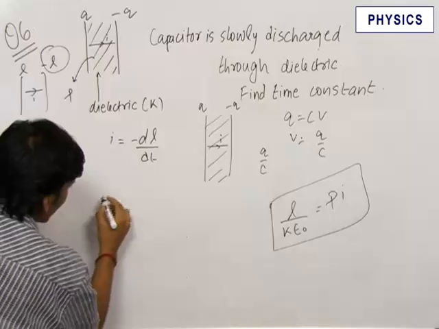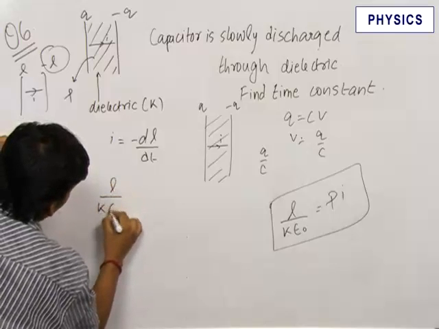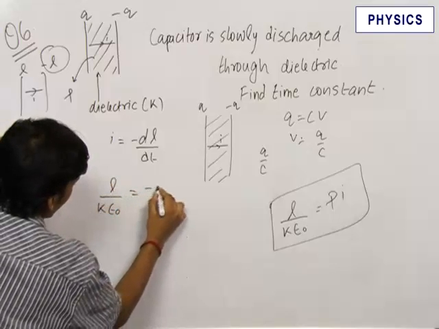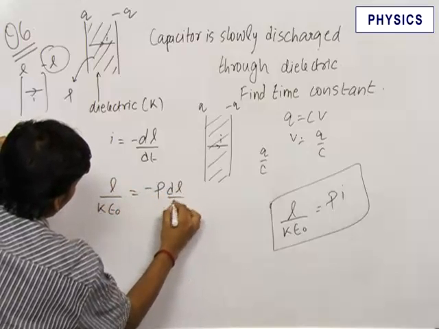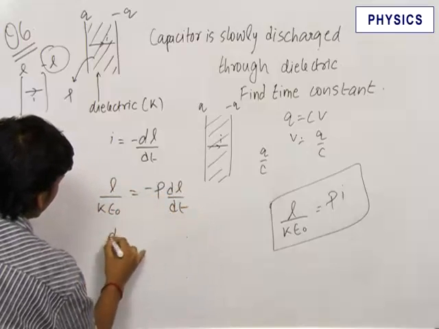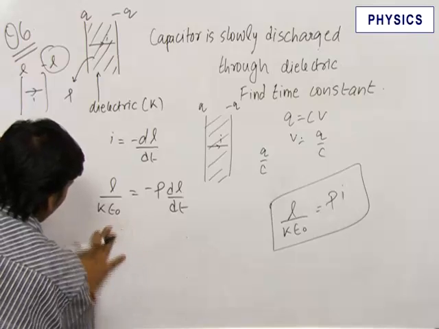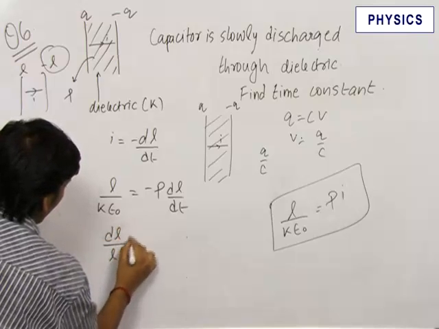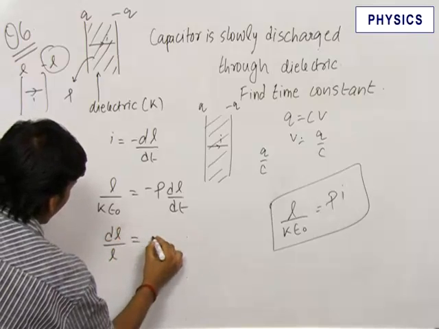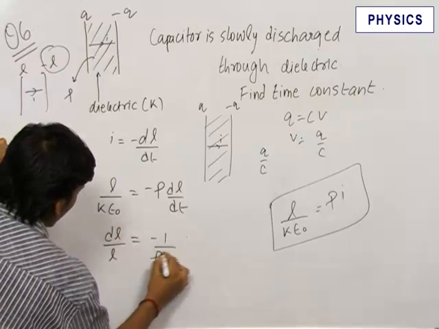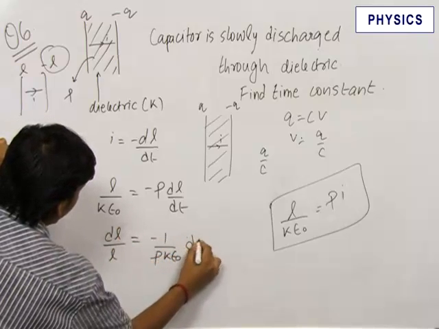On substituting it over there, we get L upon K epsilon naught is equal to minus rho dL upon dt. That is, dL upon L is equal to minus 1 upon rho K epsilon 0 into dt.